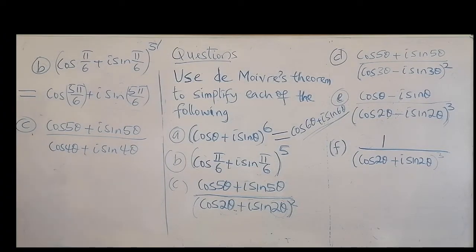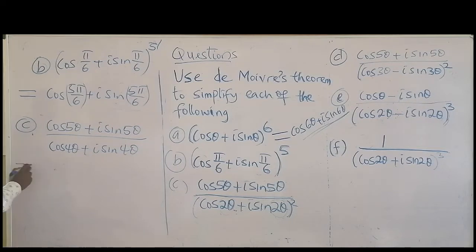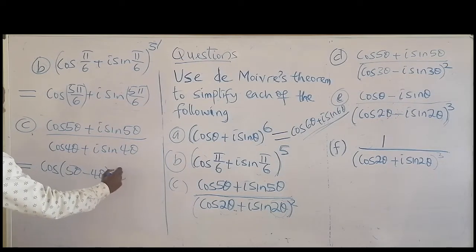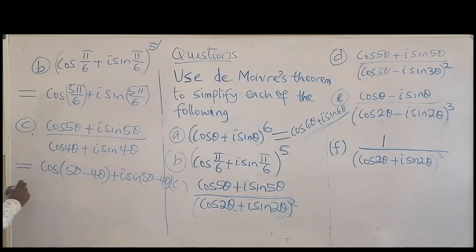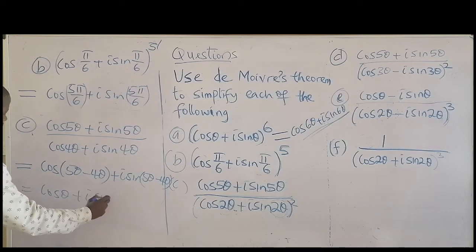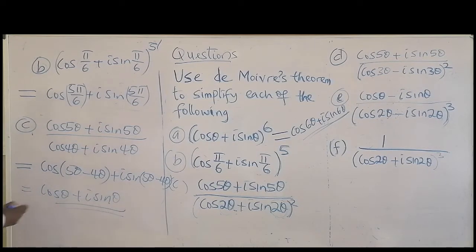Then after that, we can apply the division rules for complex numbers. So this will become cos 5 theta minus 4 theta, plus i sine 5 theta minus 4 theta. This will be equal to cos theta plus i sine theta.